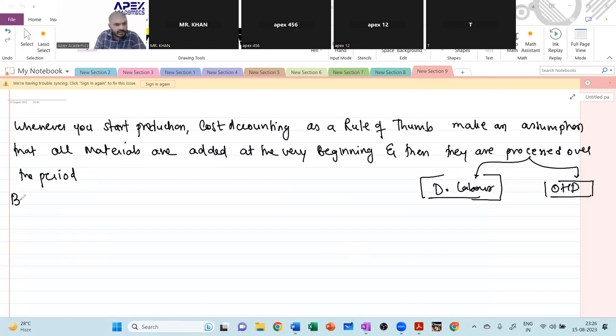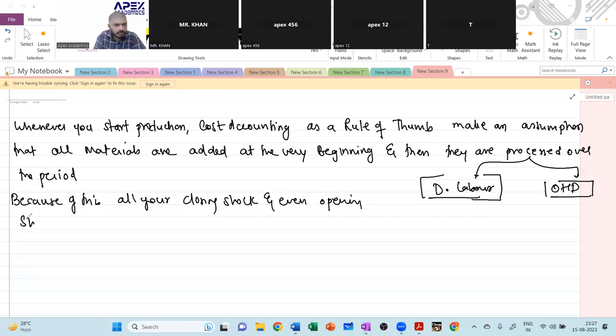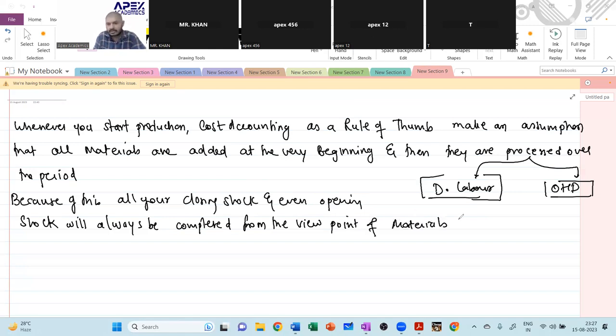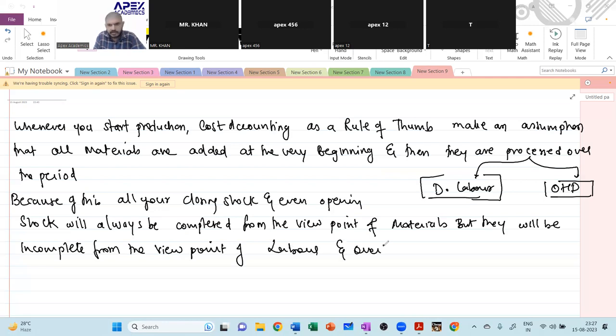Because of this, all your closing stock and even opening stock will always be completed from the viewpoint of materials, but they will be incomplete from the viewpoint of labor and overheads.